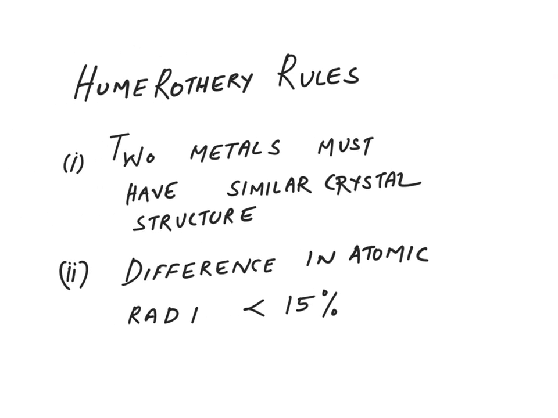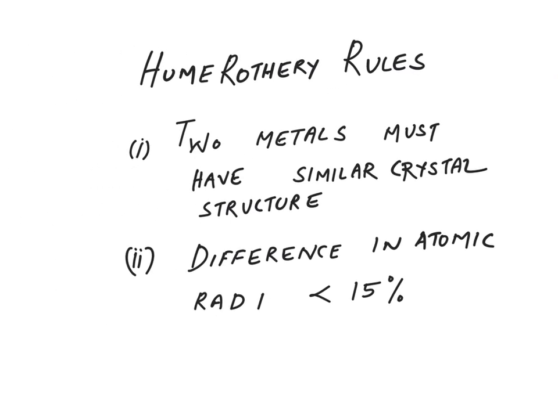The first rule goes like this: the two metals must have a similar crystal structure, because as you have just seen, a solute atom is replacing a solvent atom, so you can't have two different crystal structures. They should share the same crystal structure. In this case, both copper and zinc share the FCC structure.